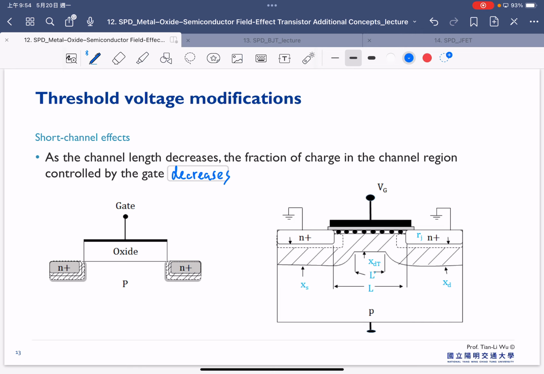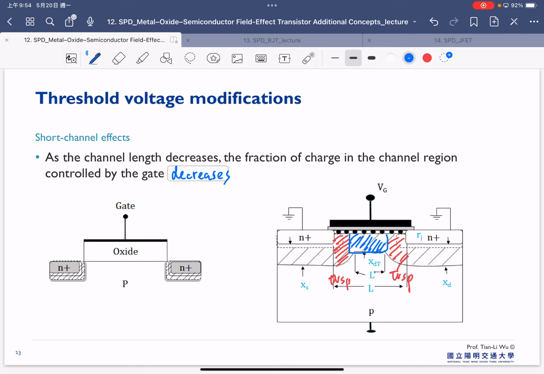Why does it decrease? You can see right now the channel length becomes smaller here, and we still have to consider this part. This part is our space charge region, the depletion width due to the source side PN junction and drain side PN junction. But once we apply the gate voltage, we can only modulate a small portion of the charge in the channel here.